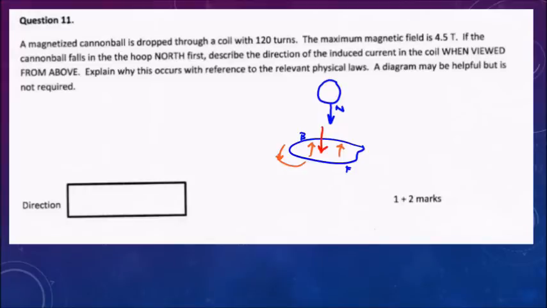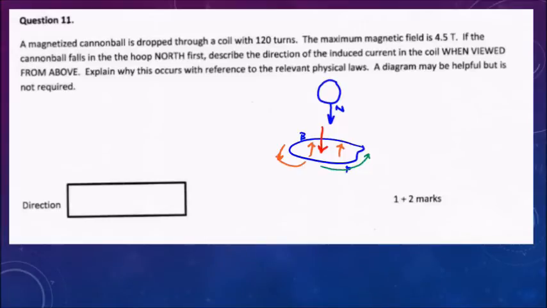Now, the first thing I'd suggest is you can apply the left-hand rule. So this is my rule for predicting the direction of the current. If you get your left hand and point it with your thumb down, what you're going to see is that your fingers are actually going to be going in an anti-clockwise direction around here when you're looking from above.